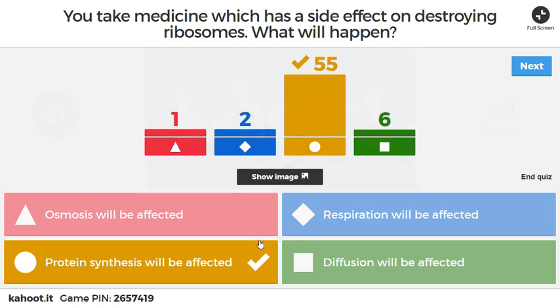Okay, and protein synthesis will be affected because ribosomes deal with proteins.